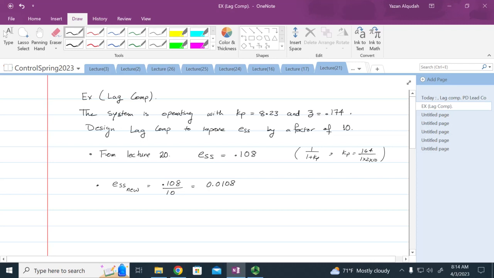So this is the current steady state error, and we're going to improve it by a factor of 10. So we want the new steady state error to be equal to 0.0108. Now this new steady state error is going to equal 1 over 1 plus Kp new, and therefore Kp new is going to equal 91.59.